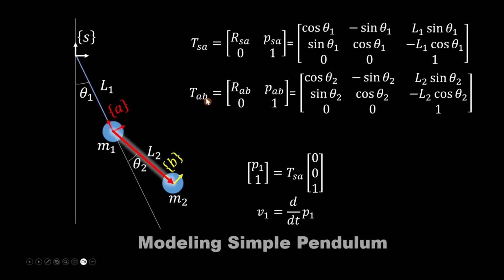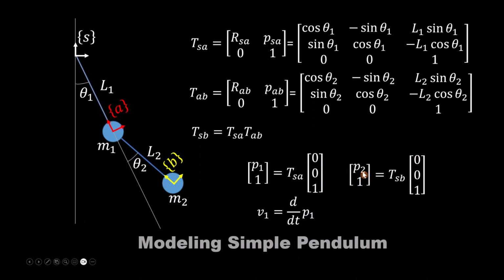So because TAB allows us to write any vector in the B-frame in terms of the A-frame, and TSA allows us to write any vector in the A-frame in terms of the S-frame, we can write any vector in the B-frame in terms of the S-frame simply by right multiplying TSA by TAB.